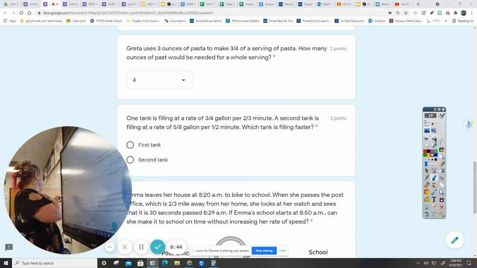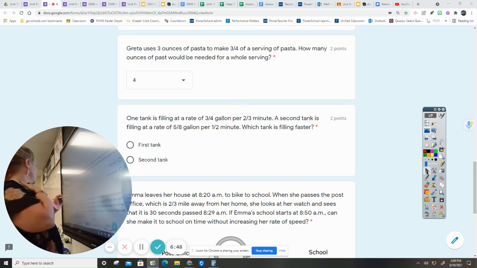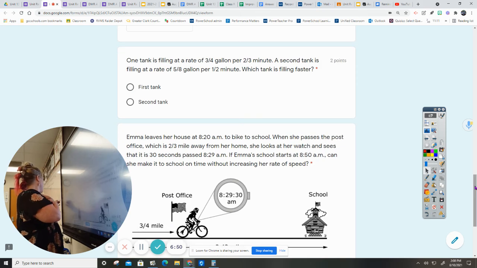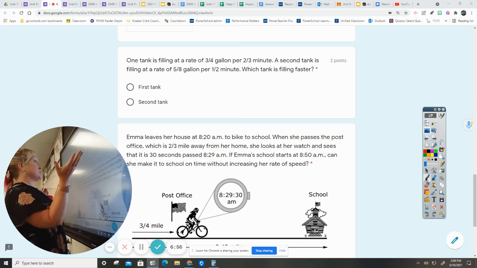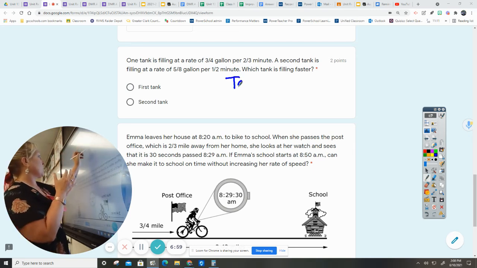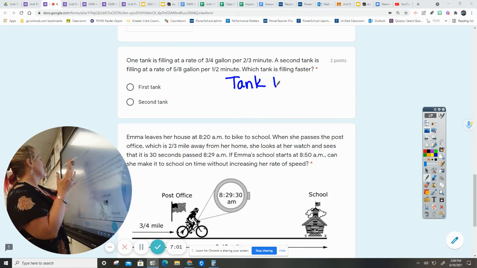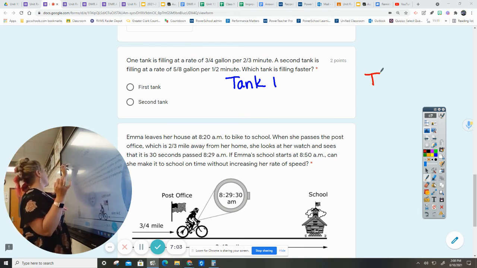All right, now I don't think I'm going to do that bottom problem, but we're going to do the tank problem. All right, let's see the tank problem here. One tank is filling at a rate of, and it gives it to me as per. So I have tank 1, and I'll change colors. I have tank 2.